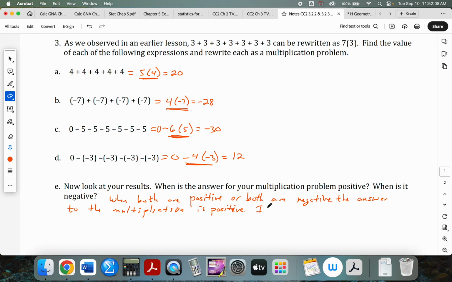So if one number is negative and the other one is positive, the answer to the multiplication is negative.